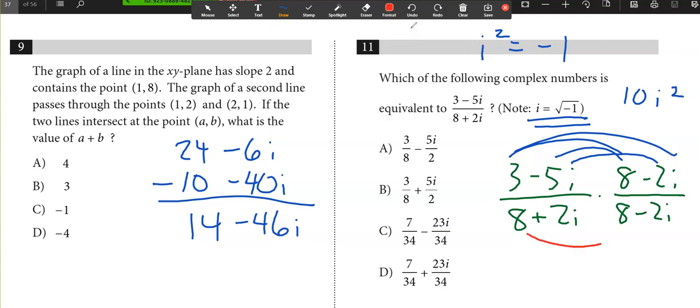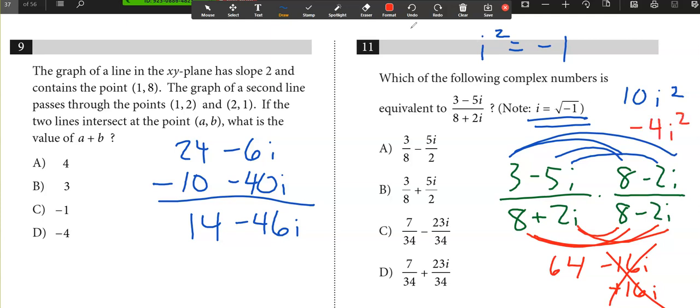The bottom of the fraction, when you do 64 minus 16i plus 16i, those i's are going to cancel out, and then minus 4i squared, that's really the same thing as plus 4. So this gives me a denominator of 68, but none of those answer choices looks like that.